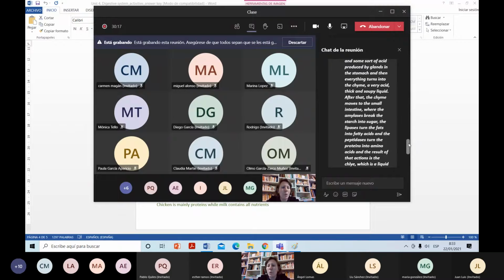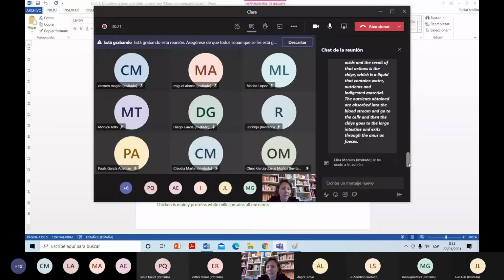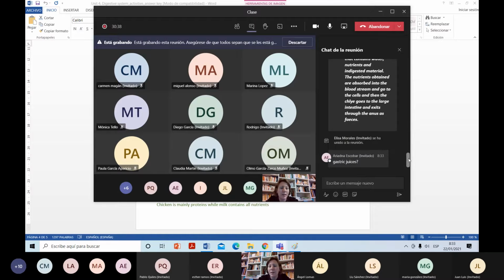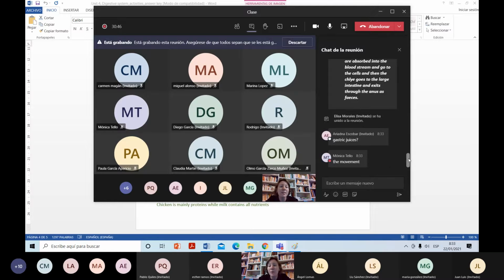Can anyone tell me what other structure apart from the acids is very important in this transformation of something solid, the food bolus, into something liquid? Anyone else that tells me what else apart from the acids is very important? Acids are included in the gastric juices, but there's another thing that is very important, that is the movement.